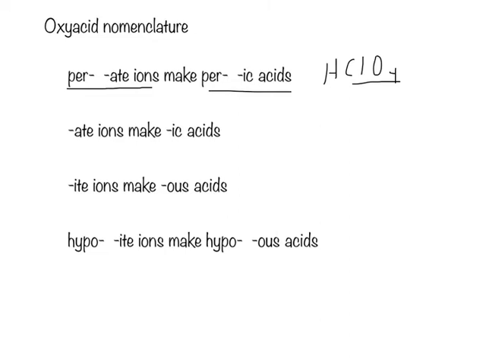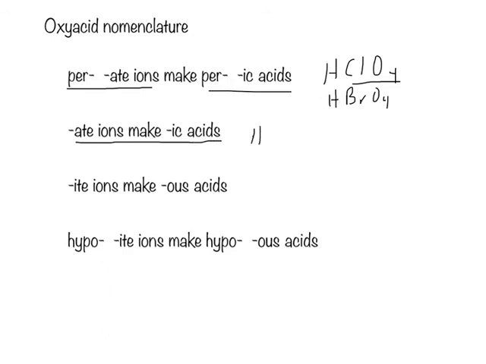So per-ate ions give you per-ic acids. So HBrO4 would be perbromic acid. Ate ions make ic acids.